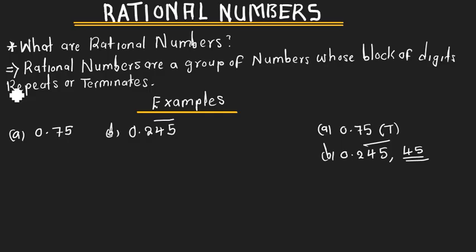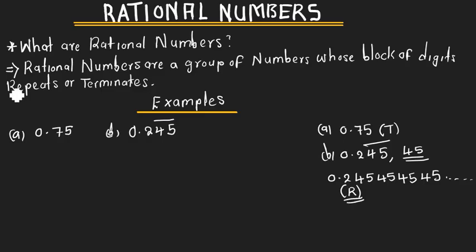So in this case, if I was to write this number, I would say it is 0.245454545, etc. like that. This is a very good example of a repeating decimal.